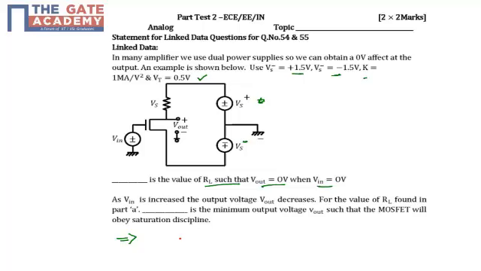Let's find the value of VGS minus VT. My VGS minus VT is Vin minus Vs minus Vt.